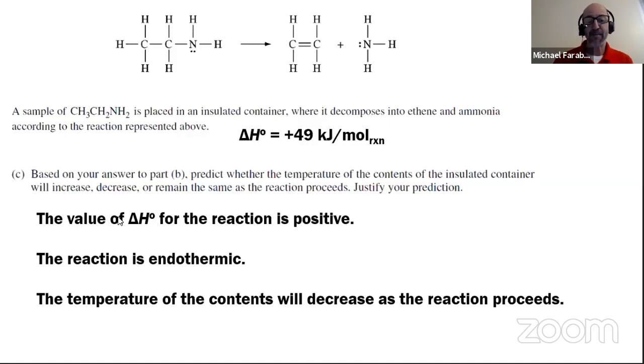Now, to those students that made that mistake I showed you earlier, the AP exam would award credit for someone whose answer is incorrect but consistent with a previous incorrect answer.